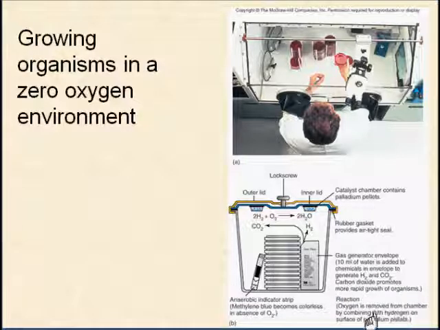Oxygen is removed from the chamber by combination with the hydrogen, and it reacts on palladium, which basically makes it form water. I've seen other chambers similar to this where you basically lit a candle, closed it up, and the candle burned until all the oxygen was gone.